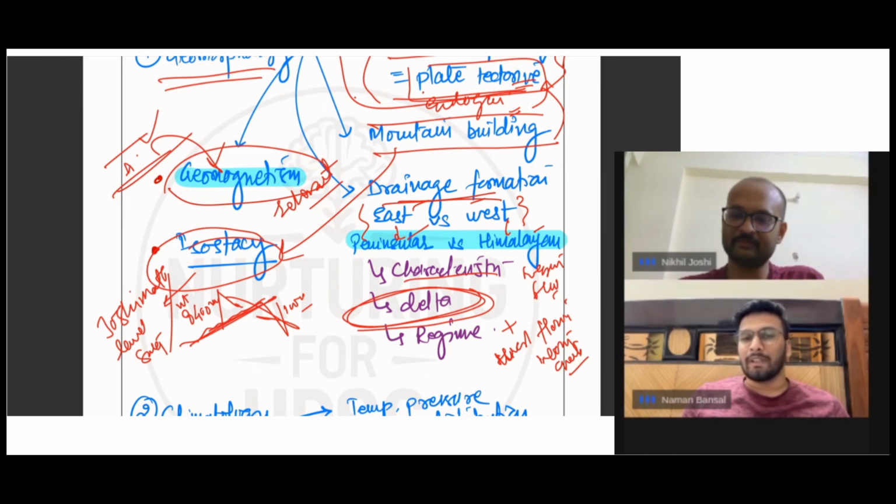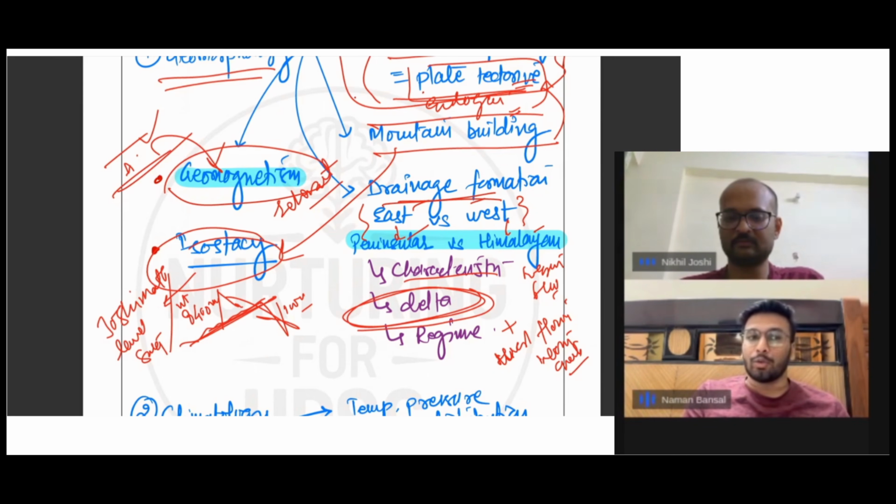For example, mountain building you will study in plate tectonic theory. When I was reading this, I was able to connect that it is a north-south barrier, it is a southeast barrier, so the local weather conditions will be in such a way, or the local habitations will be in such a way. You are rewarded very well if you are able to link the applied part with the theory section.